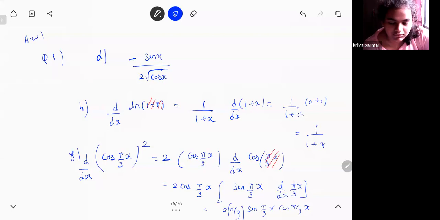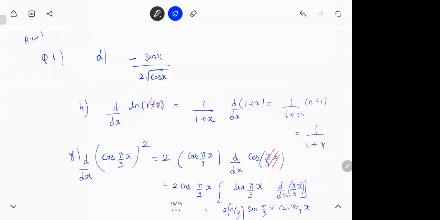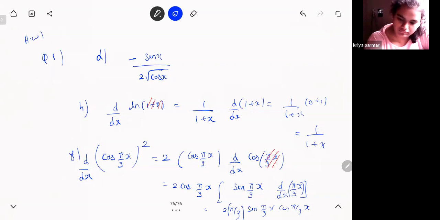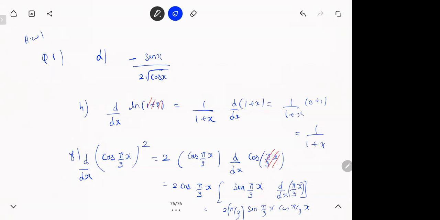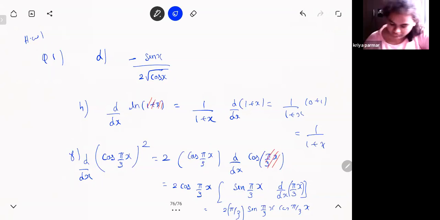Arey, we have to differentiate pi by 3x again, no? Pi by 3 is constant, it will come out. Okay. Clear? Yes, sir. So question number 3.